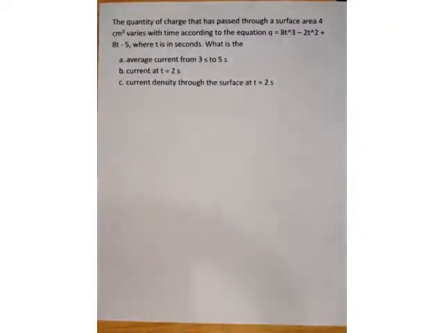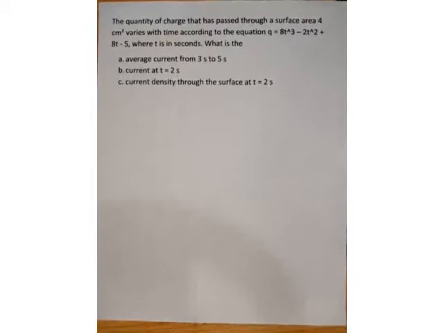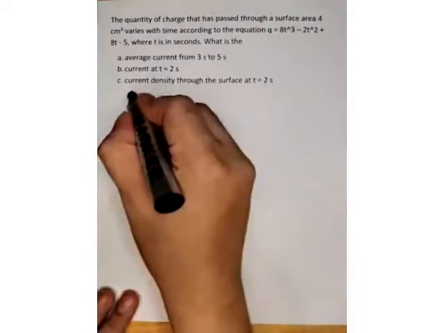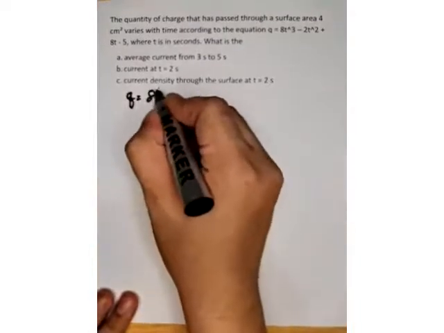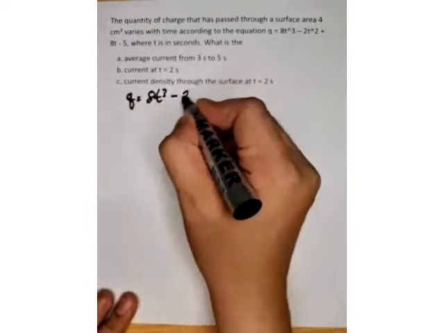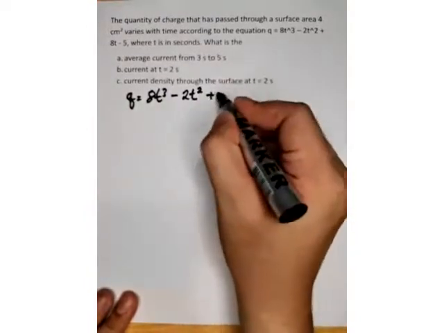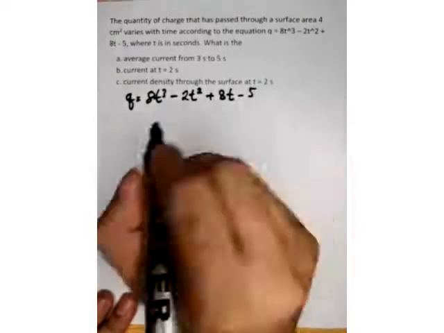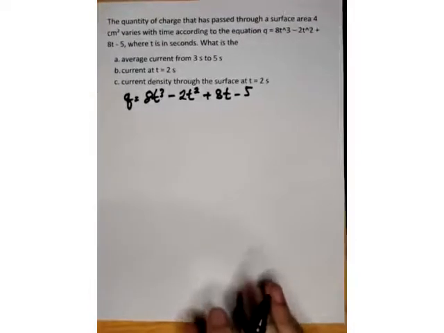Okay. So the quantity of charge that has passed through a surface area of 4 centimeters squared varies with time according to the equation Q is equal to 8t cubed minus 2t squared plus 8t minus 5, where t is in seconds and Q is in coulomb.